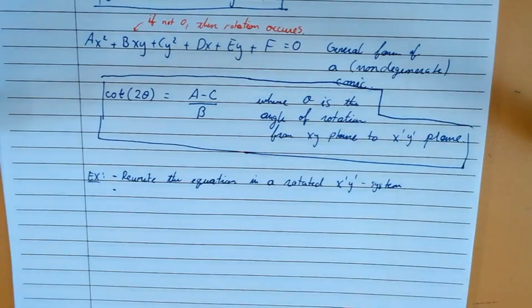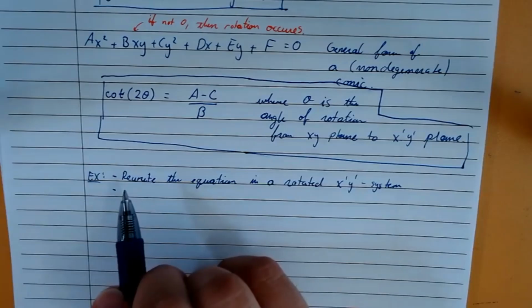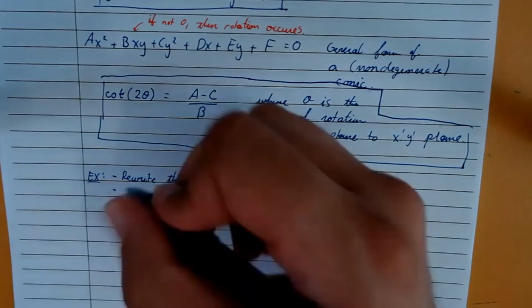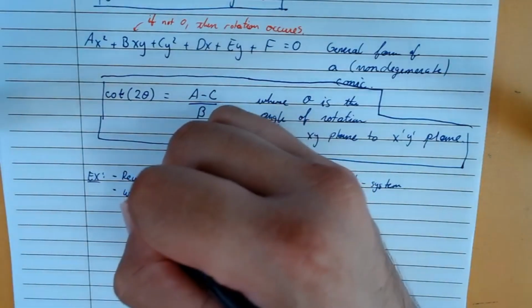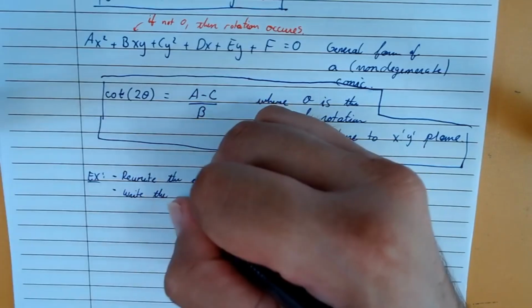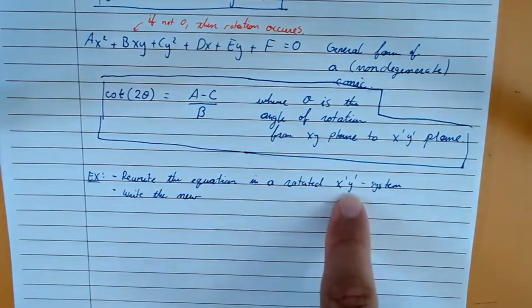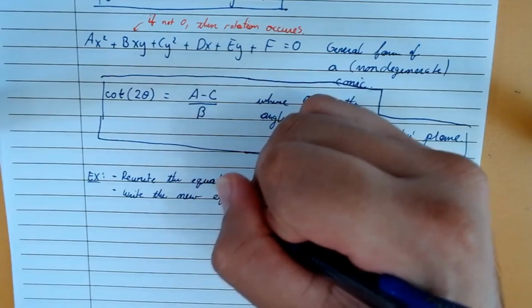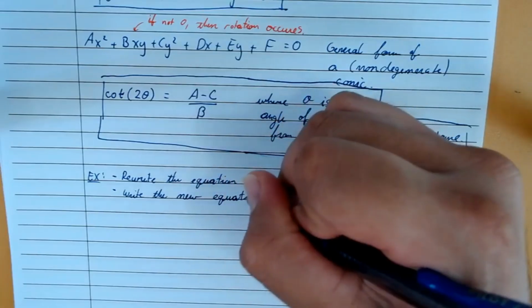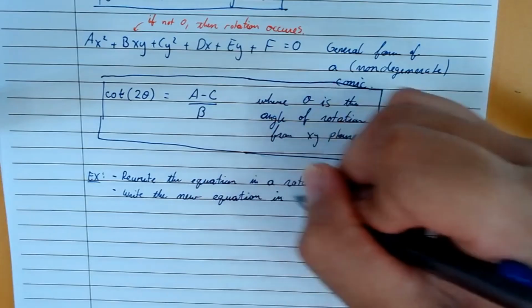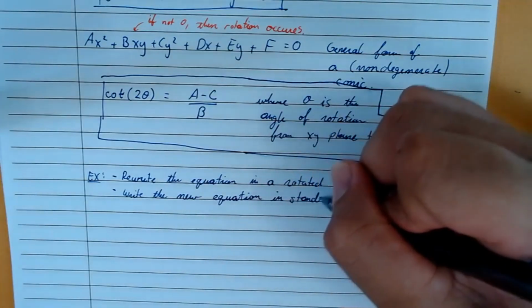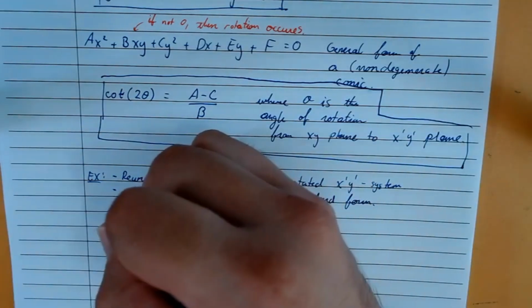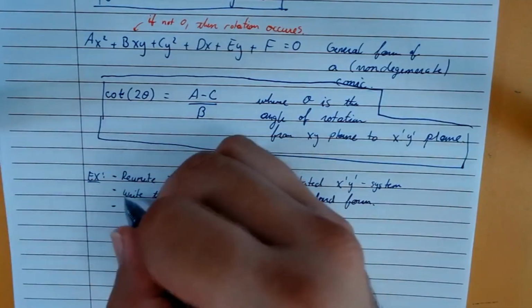Then, once we're finished doing that, we're going to write that new equation, the one in the x prime y prime system, in standard form. And then finally, we're going to graph.